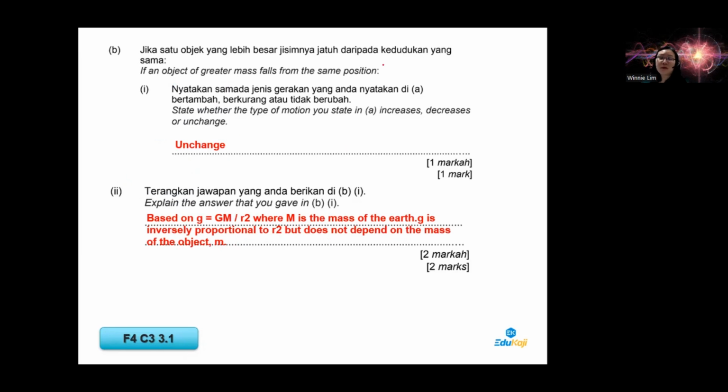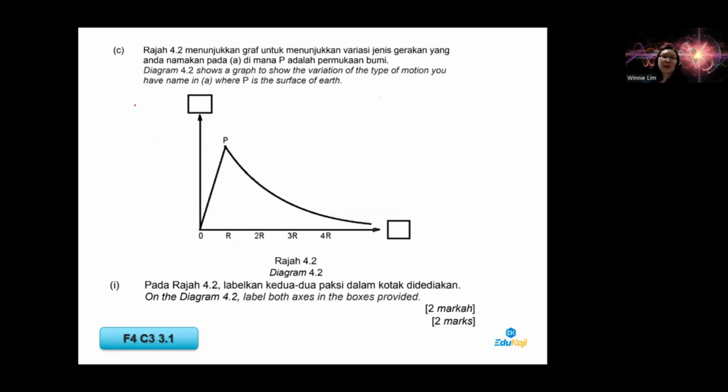The factor that affects gravitational acceleration is only R, the distance, and not G and M, because they are constant values. Okay, moving on. Diagram 4.2 shows a graph of the type of motion you named in A, where P is the surface of the Earth.